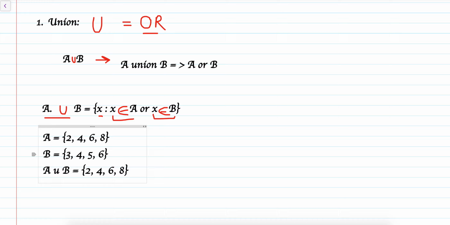Now we look at the second set. 3 is not inside A, so we will write 3 here. 4 we have already written, 5 we have not written, so we will write 5. 6 we have already written. So we have written all the elements that are present in B and all the elements that are present in A. This would be the union of A and B. Basically we have to list down all the elements that are present in A and B.